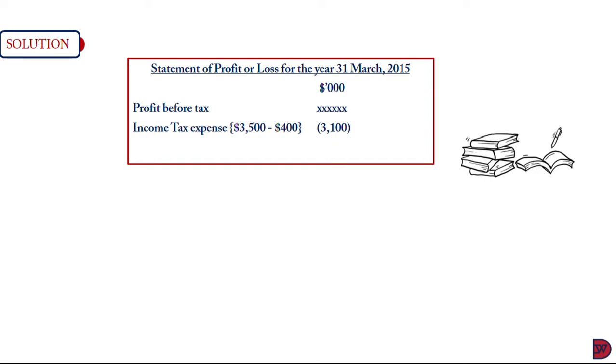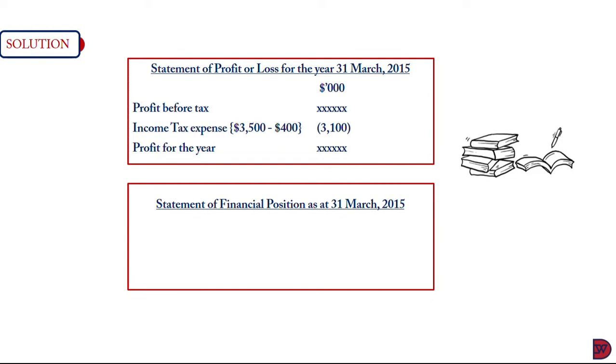So the income tax expense will be $3,100,000, which is the 3.5 million current tax estimate, less the overpayment from the previous year. If the $400,000 were to be on a debit, it would have been an underpayment. We would have added it to the 3.5, making 3.9. Okay, so the profit for the year will be, if you had any profits, less the income tax expense.